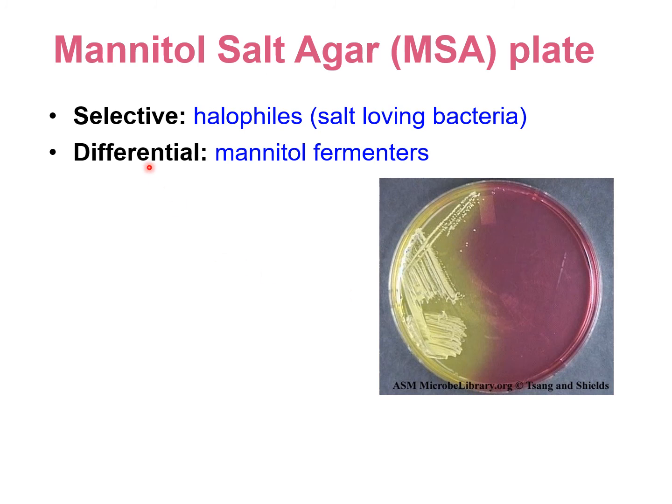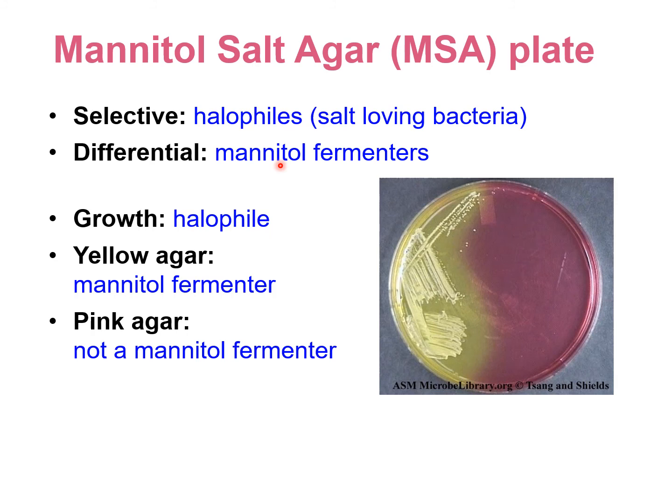Now, it's also differential, because it's going to help you differentiate based on the color change that you're going to see on the plate. Those that are able to ferment mannitol are going to change the color of the plate to a yellow color. Let's say you have two bacteria. You can actually split this plate in half, grow one bacteria on this side, and grow another bacteria on this side.